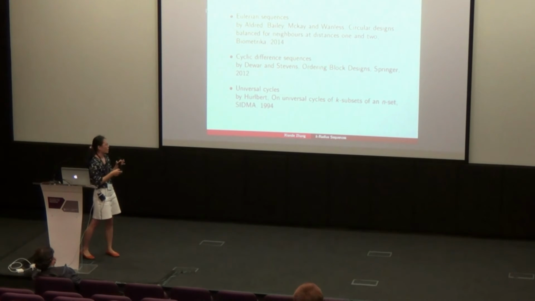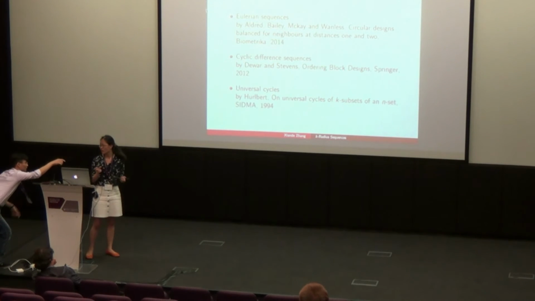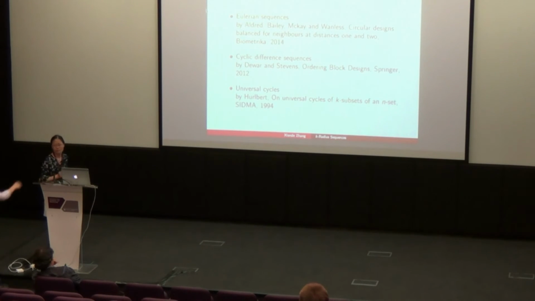So we have an n set, and we want to construct a cycle of length n choose k. We want each k subset of this n set to appear in this cycle as k consecutive terms. Okay, this is a universal cycle.